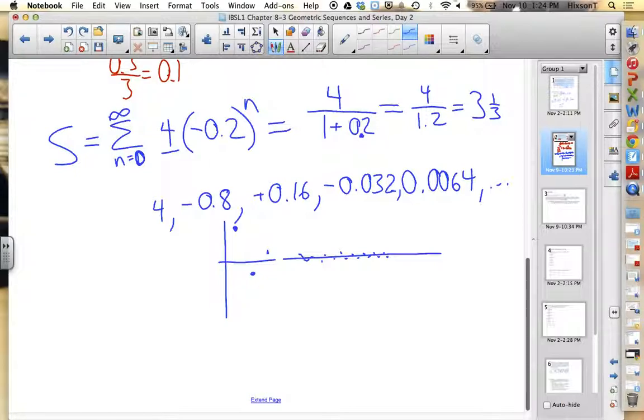Yes? So if 4 is a1 and that position in the equation is always a1, why did you sometimes plug in 1 for n to find a1?